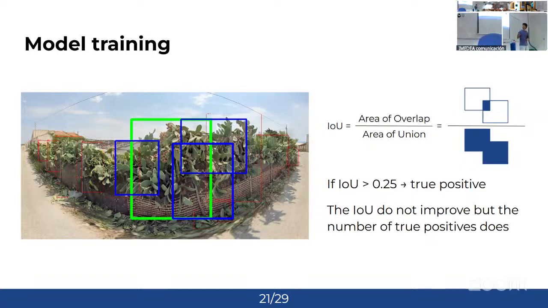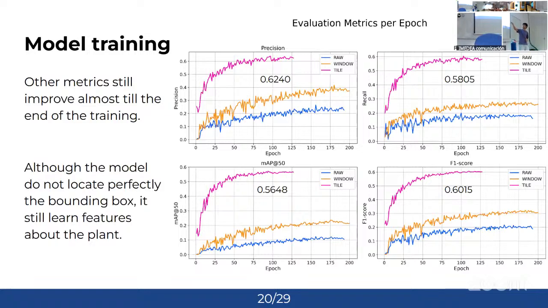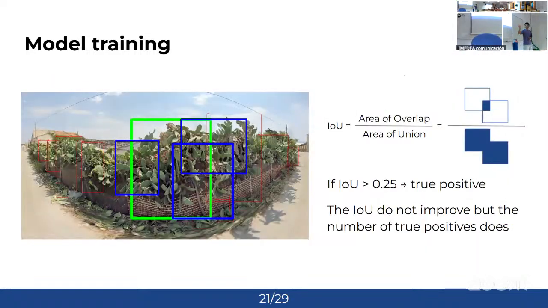But the other metrics are based on, okay, you have identified that number of plants. Imagine this is the ground truth and this is the predicted box. If we consider this as a true positive that has correctly located an Opuntia here, those metrics are still improving, because although it does not correspond perfectly with the ground truth, it's still identifying the plant.